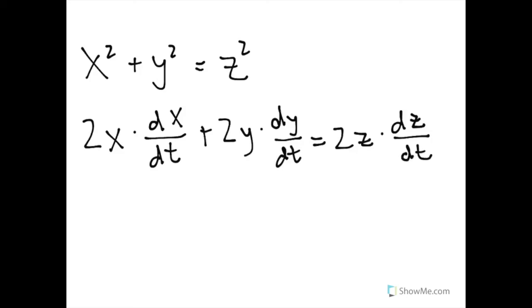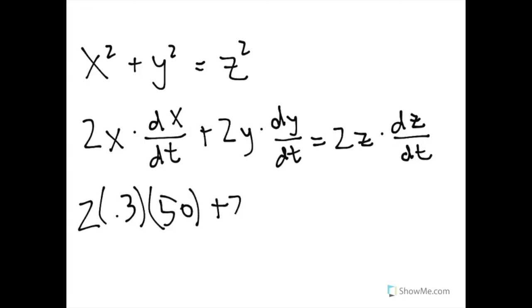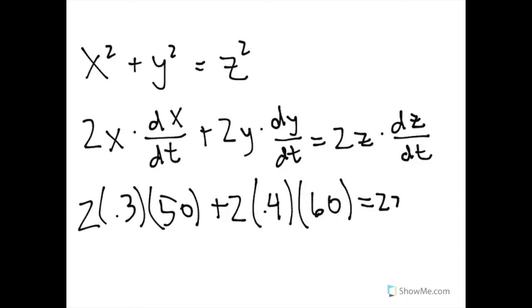Then we can look back at the previous page and plug in all the information we have. We know that x is 0.3 and dx dt is 50. We know that y is 0.4 and dy dt is 60. And then 2z times dz dt.